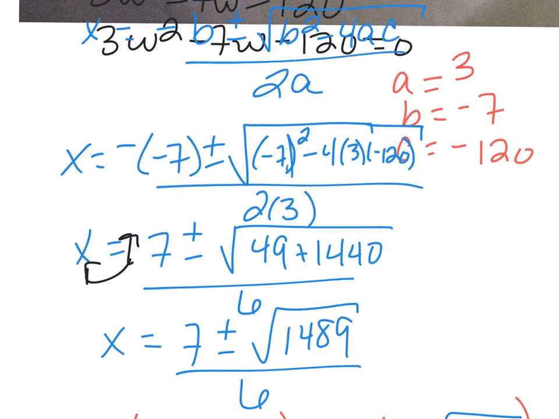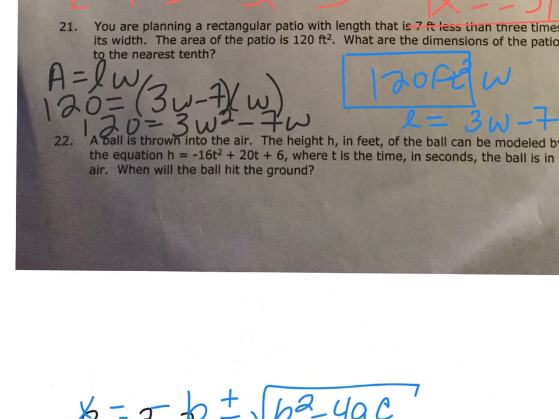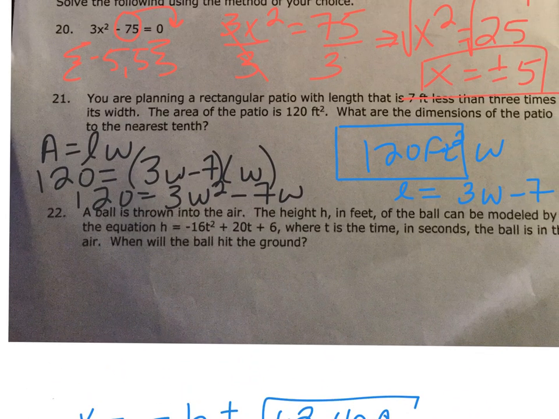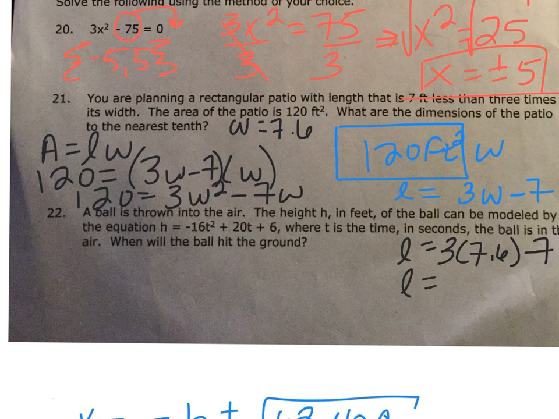So let me see if I can fit everything back up here now. There we go. So if our width is 7.6, that means our length is, I'm going to write it underneath here, 3 times 7.6 minus 7. 3 times 7.6 is 22.8, and 22.8 minus 7 is 15.8.